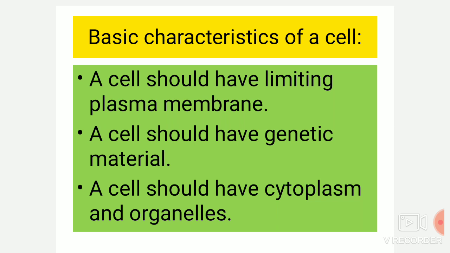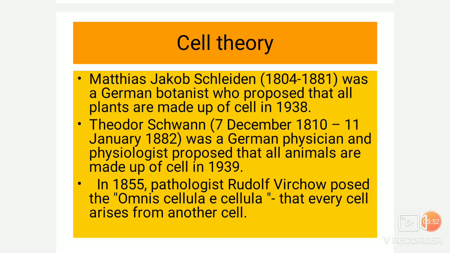If all the functions are done smoothly, then all the metabolic activities in the cell will take place and the further growth of the cell will happen. So these are the three things which a cell should have, and they are kept under the basic characters of a cell. Having talked about the cell, we will discuss the cell theory also.